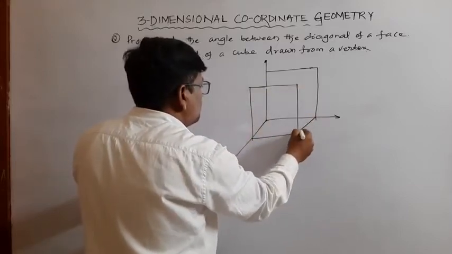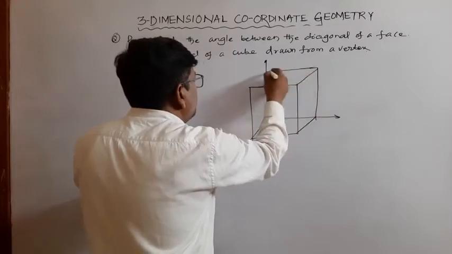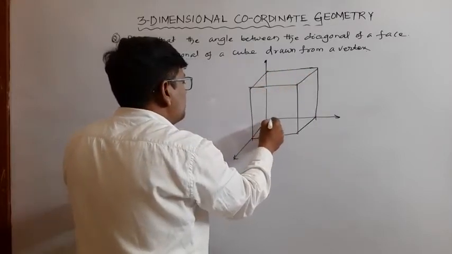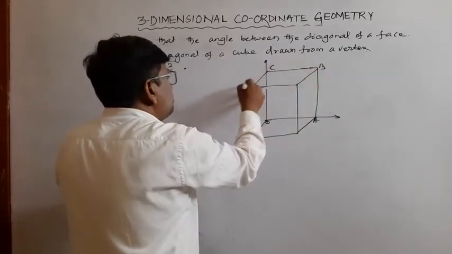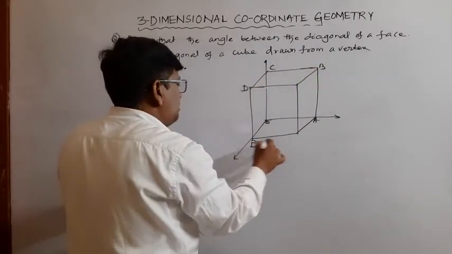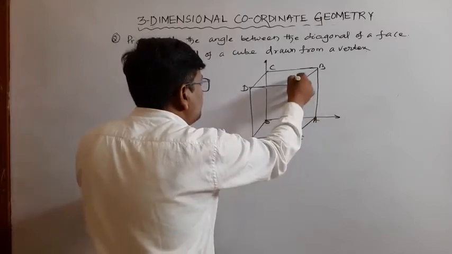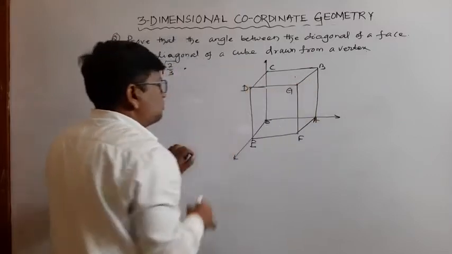This is the same concept here. This is the origin O, A, B, C, D, E, F and G. This is G, suppose.